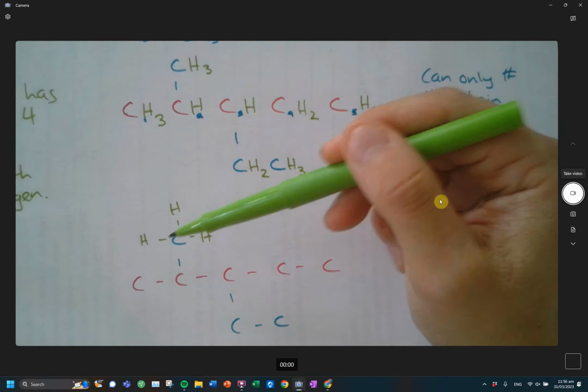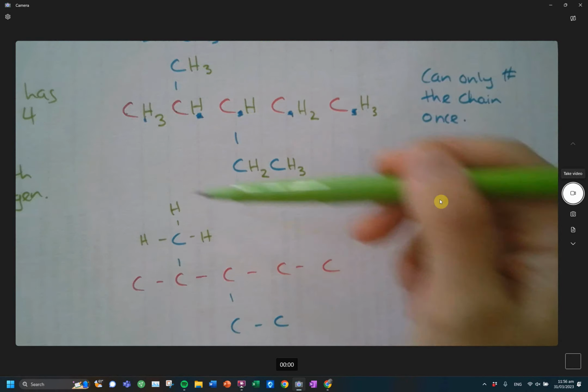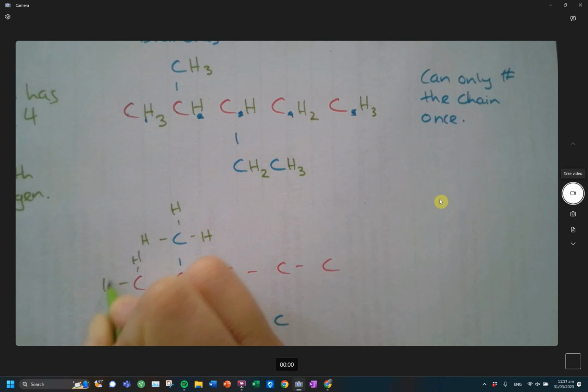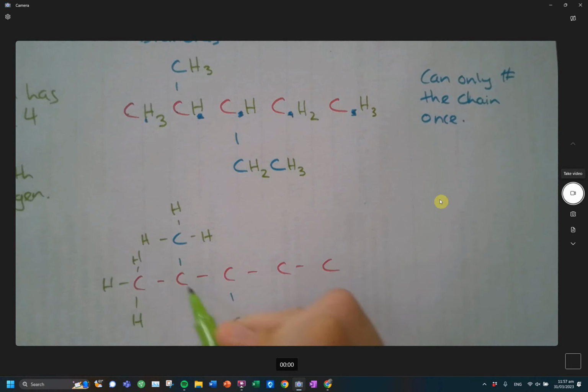This here is the condensed formula. So I'm not actually showing all the hydrogens location-wise. This one carbon here, we can see there's 3 hydrogens attached to it. This one over here, 1, 2, 3, and that's where it's getting that 1.